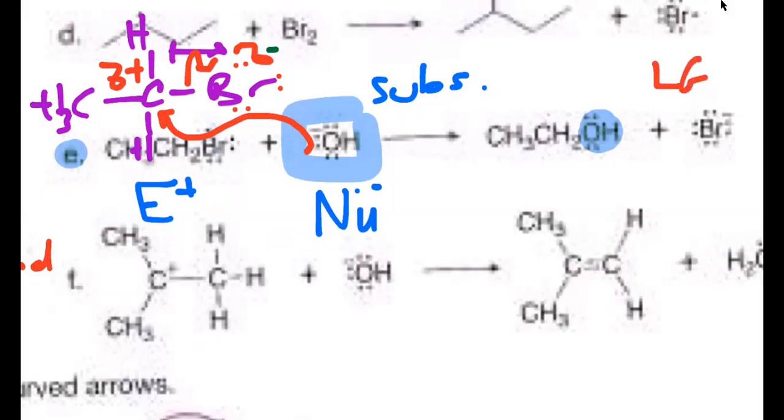Bromine is the leaving group. Whenever you do a substitution, when your nucleophile comes in, your leaving group has to leave. And there are different types of substitution also, but we're not going to get into that yet. We're going to see that later. All right. So that's a great example of a substitution. And now we're adding in a few more layers to it.